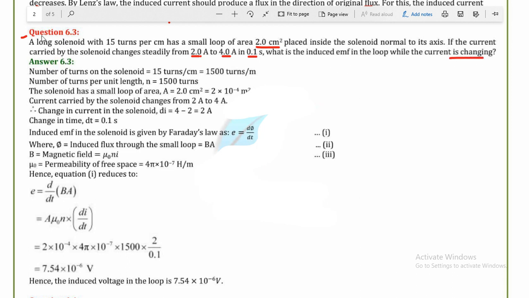So you can see here what the given quantities are. The solenoid has 15 turns per centimeter, so the number of turns per unit length, small n, is given.